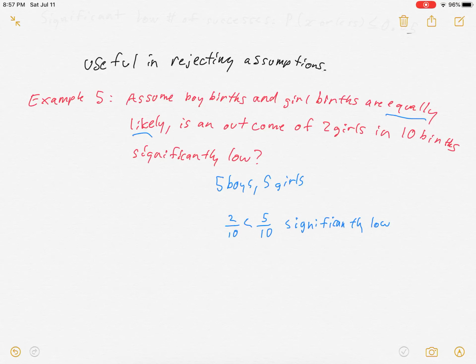Example 5, assume boy births and girl births are equally likely. So you'd expect 5 boys and 5 girls out of 10 births. An outcome of 2 girls in 10 births, is this significantly low? Yes, this is significantly low. 2 girls is significantly lower than 5 girls.